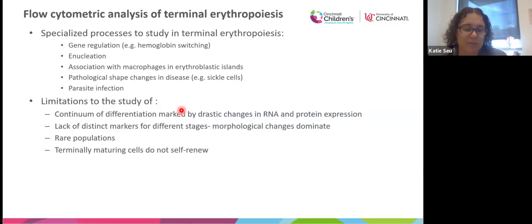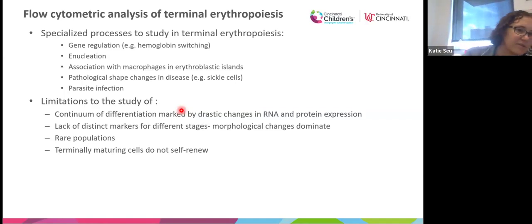But if you want to study something that's happening in terminal maturation, you need to be able to analyze the cells quickly and in bulk without a lot of sorting and manipulation. And so that's where flow cytometry doesn't quite cut it, but microscopy can be very tedious because you spend the whole time looking around on the slide to figure out where an orthochromatic erythroblast is.